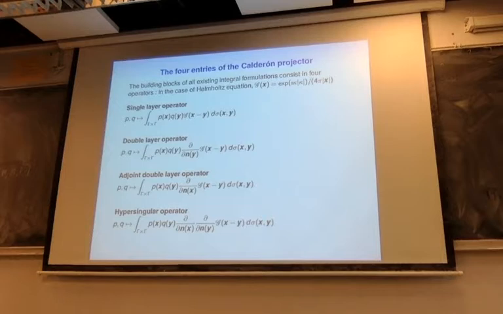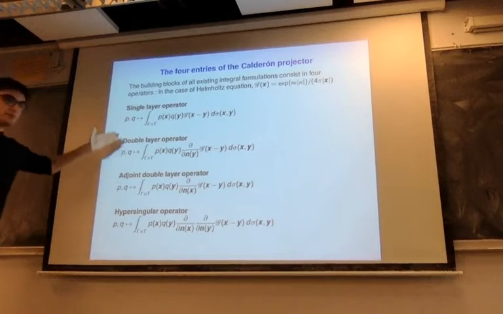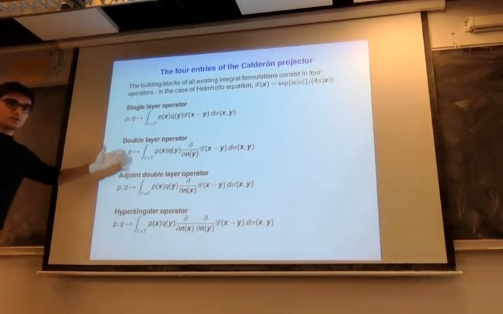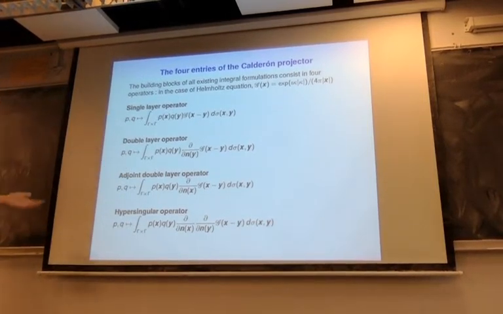Just a simple remark. All the existing integral formulations always rely on the same 4 building blocks that are part of an operator known as the Calderón projector. Here I give the expression of these 4 fundamental operators in the case of the Helmholtz equation. Here, G stands for the Green kernel.